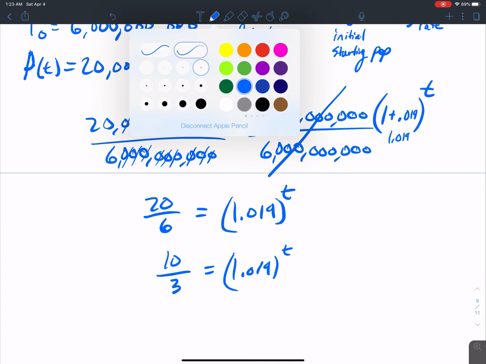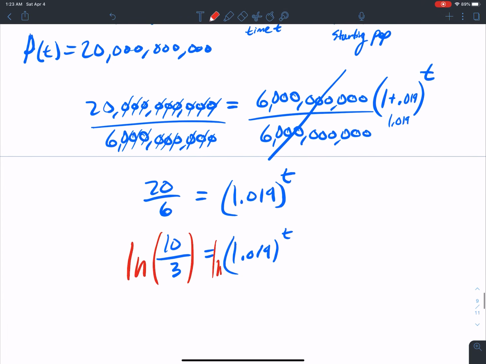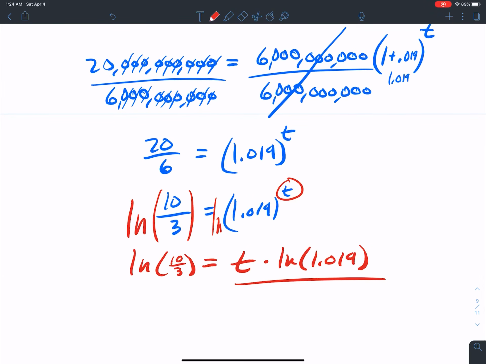I'm going to log both sides. Okay, if I log both sides, what happens to the t? It comes out front. Okay, so I have ln 10 over 3 equals t times ln 1.019. And so how do I get this by itself?